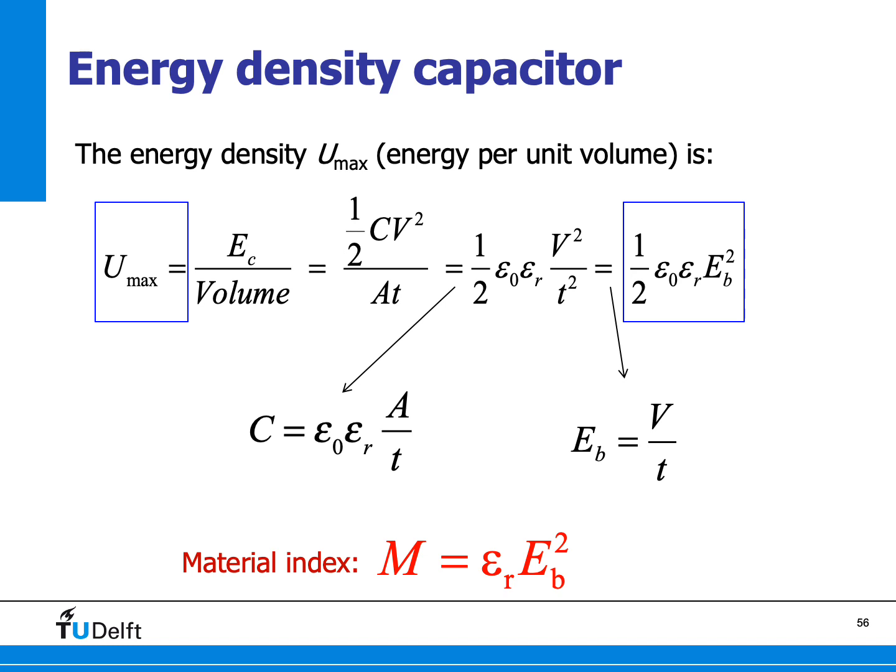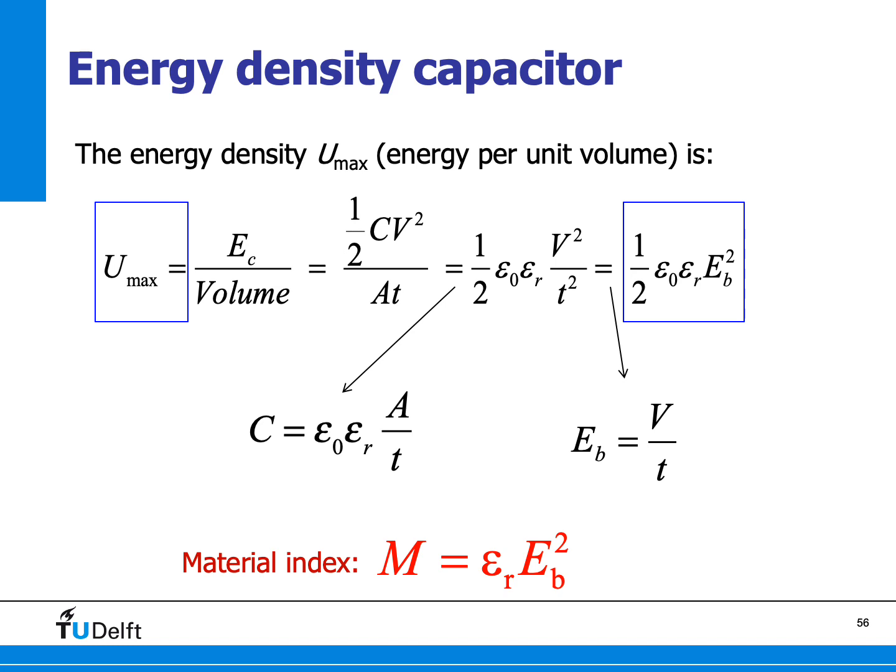So what is important in the end is that the energy density U max is equal to half epsilon naught epsilon r times E_B squared, and these two are in fact the material parameters. So finally we arrive at the material index, which looks like this.